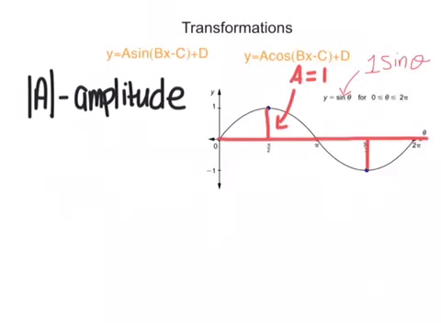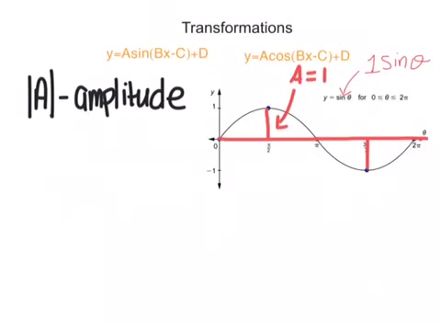Again, the same thing applies that we learned from section 1.6, that the number in front of the function tells us whether our function stretches, shrinks, and of course if it reflects. So if a is negative, then the graph is reflected about the x-axis.